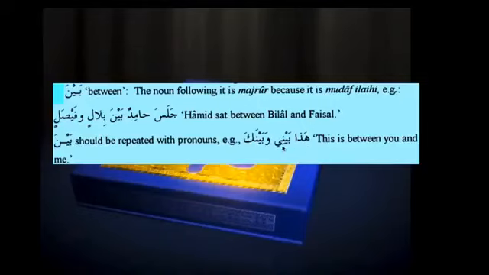We just don't say hadha baini wa anta. So that's not the way it's between me and you. So we have to use a pronoun. So baina is repeated. Hadha baini wa bainaka. Hadhihi al-qissa baina huwa bainahum. So this story is between him and them. So that is how the baina is repeated. Just small tips to understand Quran, inshallah.